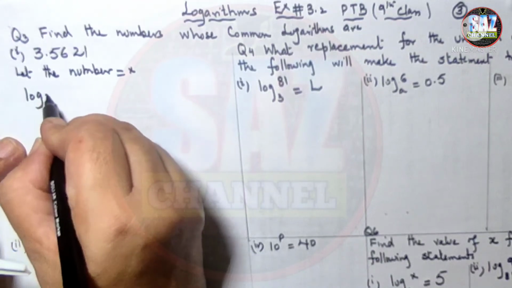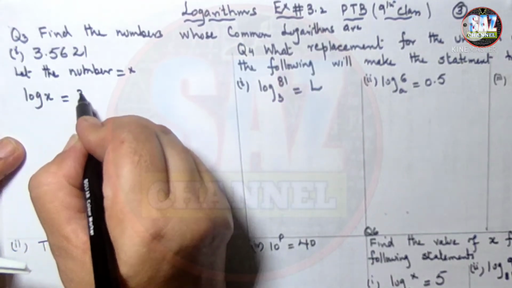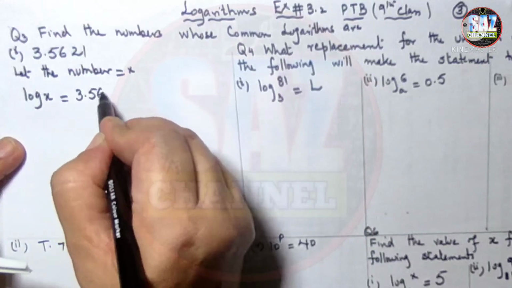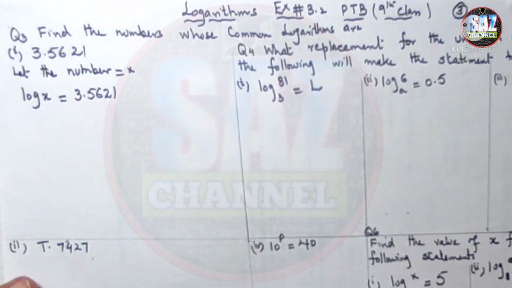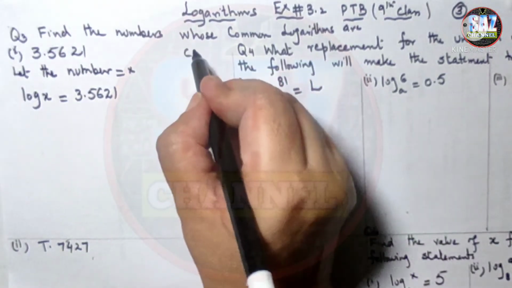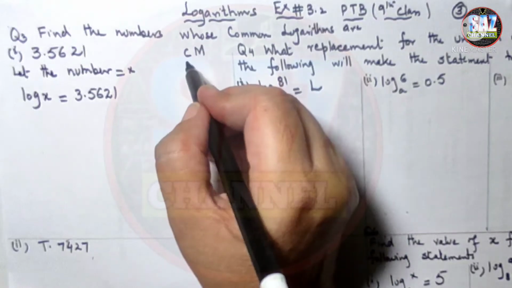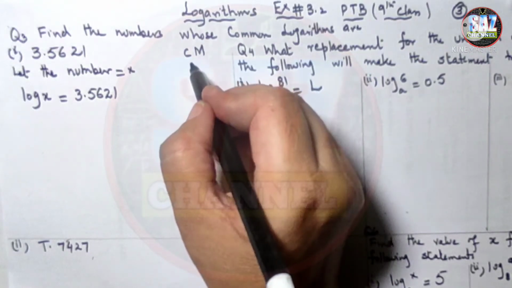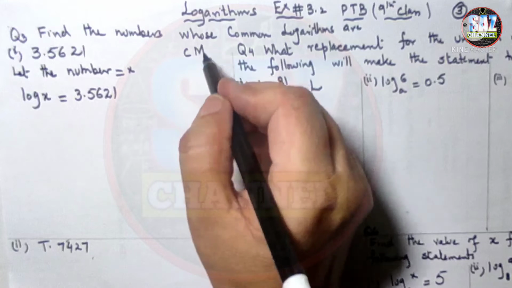Then, log of x is the log given, 3.5621. Now recall that the log of any number consists of two parts: one is the characteristic part and the other is the mantissa part.